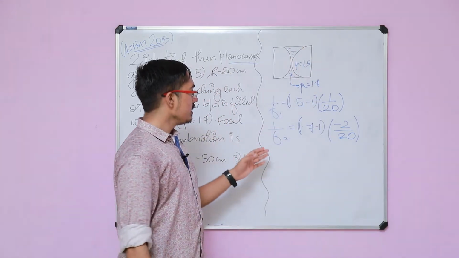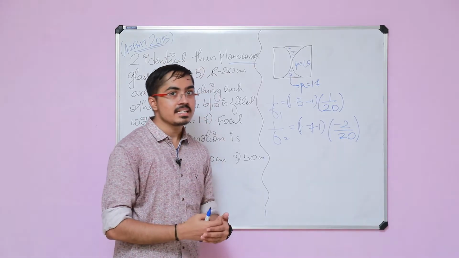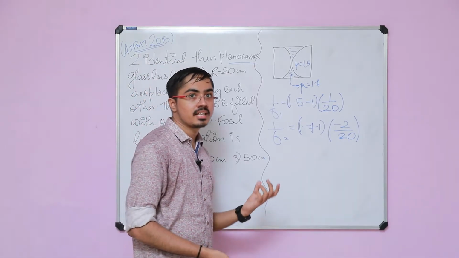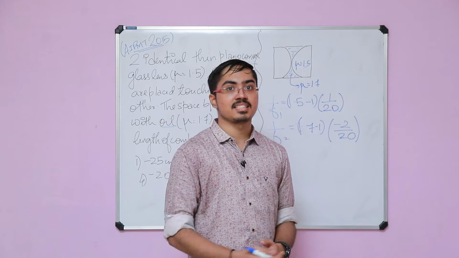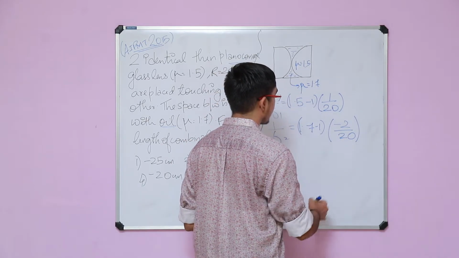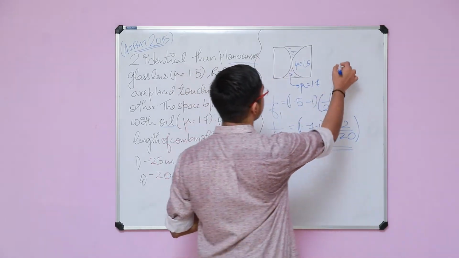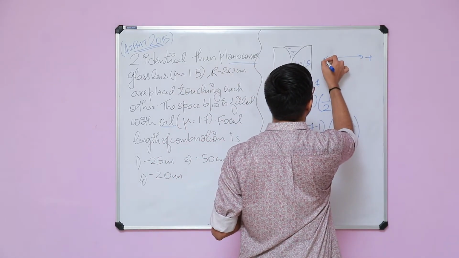And once you put that in lens maker's formula, please make sure that you are following the right sign convention. That is the only thing that can confuse you over here, especially in the exam also. Once you put this real sign convention, if you make it correct, then you will get the value as minus of 2 by 20. See, I have taken this direction as positive and the other direction as negative.